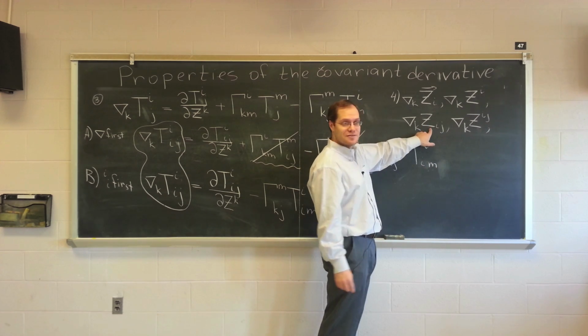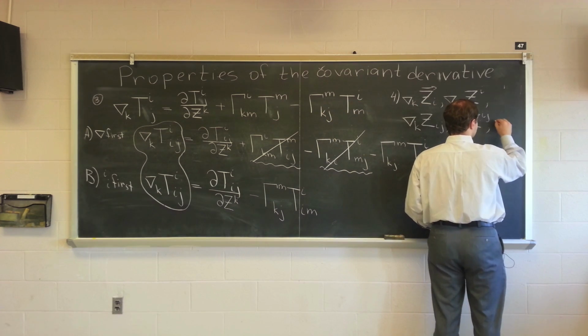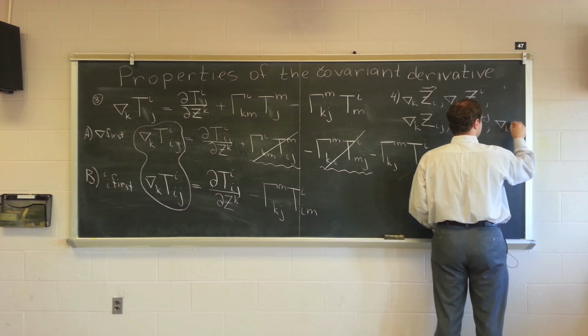Kronecker delta, because it's just a metric tensor with an index raised, as well as Kronecker delta, all equals 0.